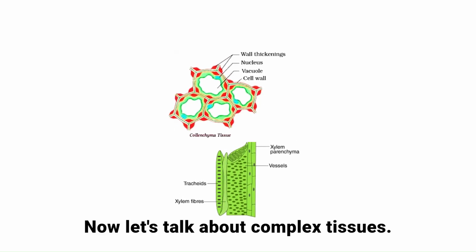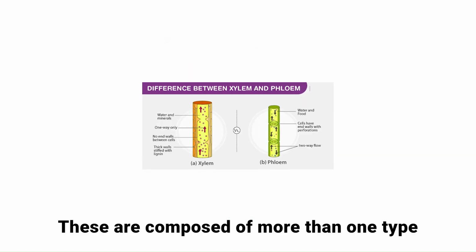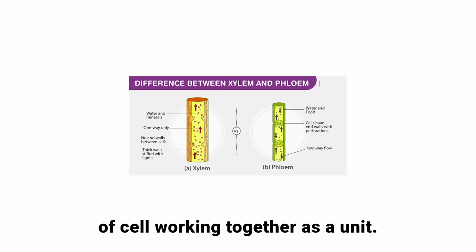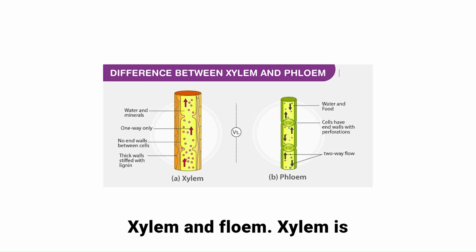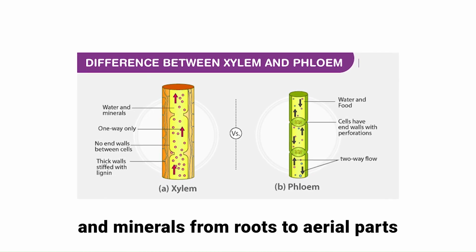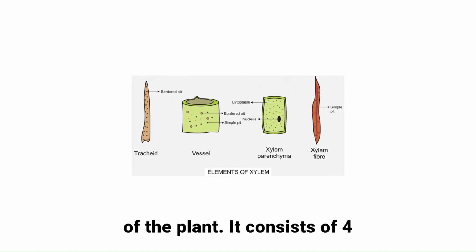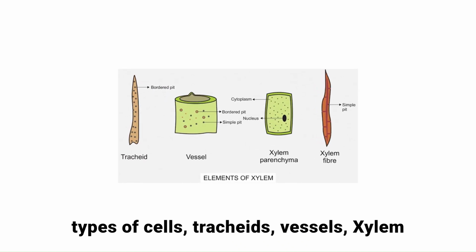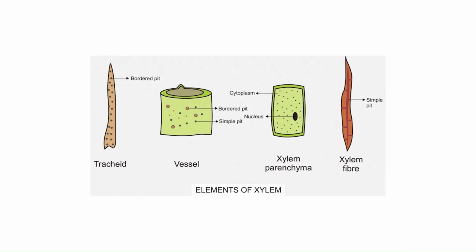Now, let's talk about complex tissues. These are composed of more than one type of cell working together as a unit. The two main complex tissues in plants are xylem and phloem. Xylem is responsible for the transport of water and minerals from roots to aerial parts of the plant. It consists of four types of cells: tracheids, vessels, xylem parenchyma, and xylem fibers.